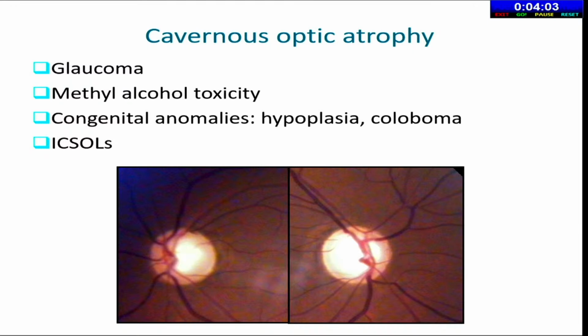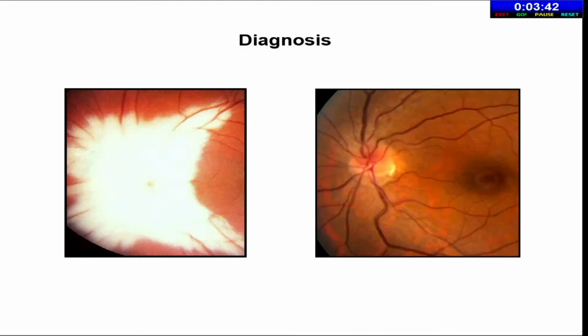Again, what's happening in these discs is a very severe, marked and sudden loss or damage to the nerve fibers, and they suddenly disappear. So the cup starts increasing, or the nerve fiber loss occurs without any inflammation, and you have an excavated disc. So methyl alcohol toxicity a month or 2 months later will present with a disc that is completely excavated.